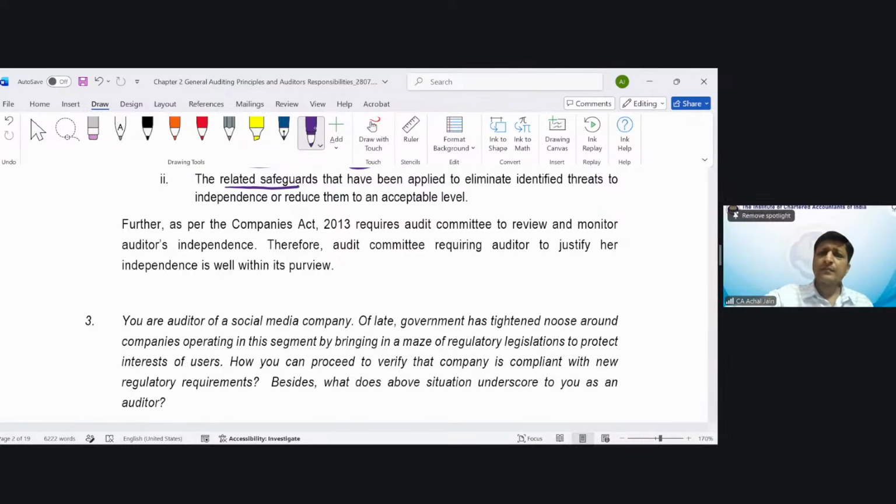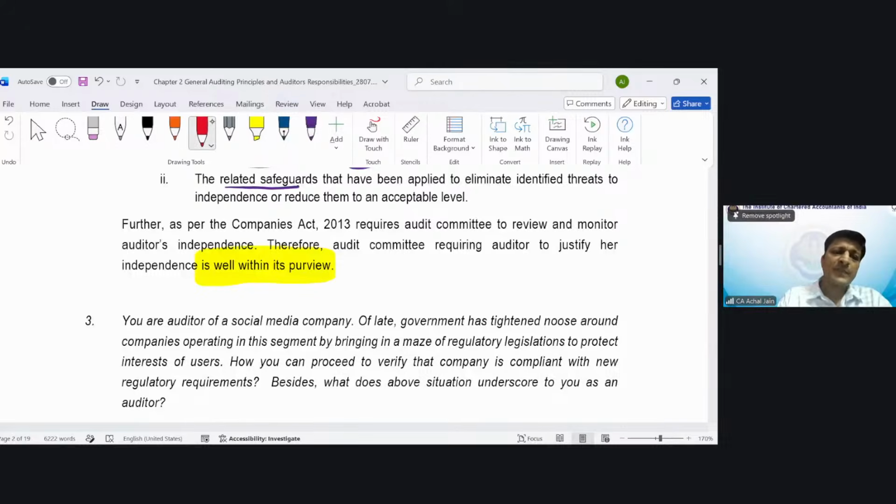Therefore, the audit committee requiring the auditor to justify this independence is definitely within its purview. So the thought process of the auditor here is definitely not appropriate, because it's a regulatory requirement anyway. Okay.